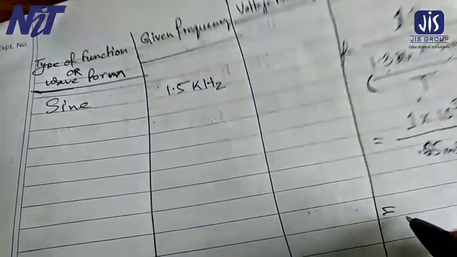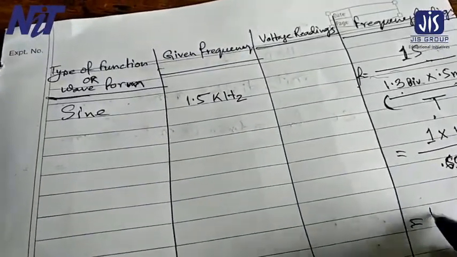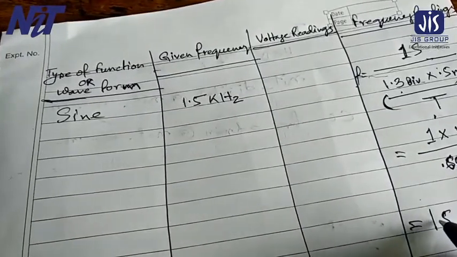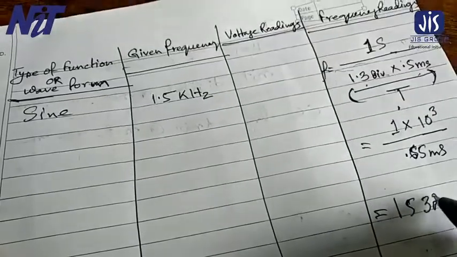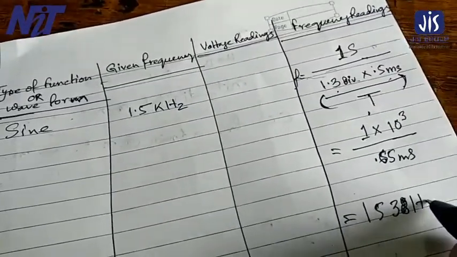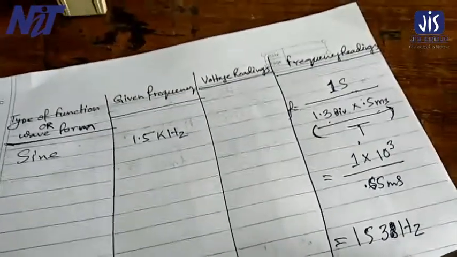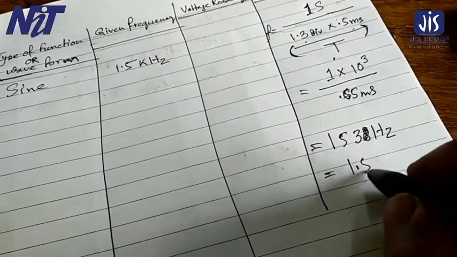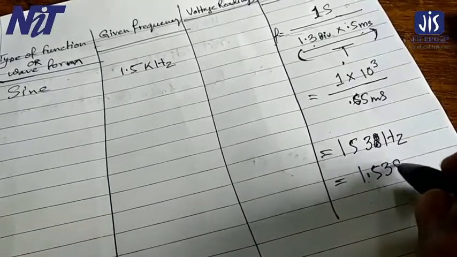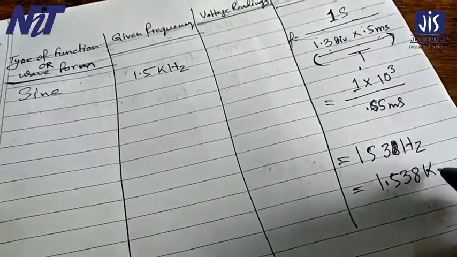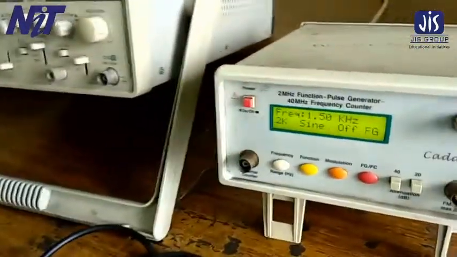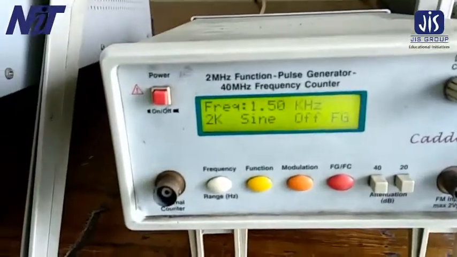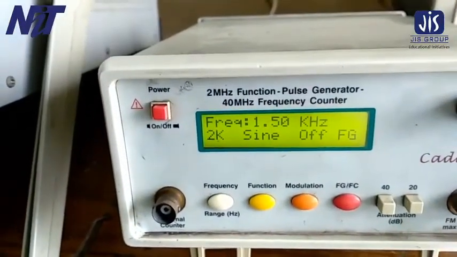After calculation we will get 1538 hertz, or you can say approximately 1.538 kilohertz. So it is almost the same as our stated generated frequency.